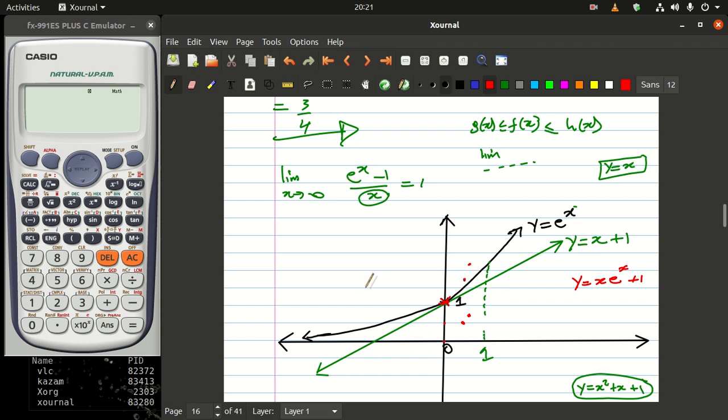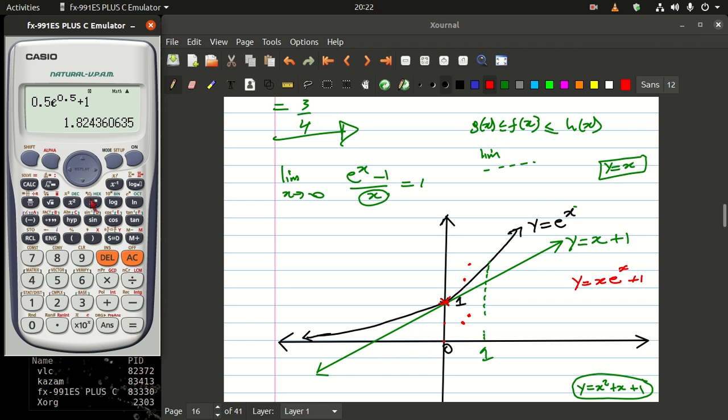You can try that even with a calculator: 0.5, e, where's this? This is going to be e. I'm going to put an e, raise it to 0.5, and then add a 1, and I will end up getting 1.82 and so on.